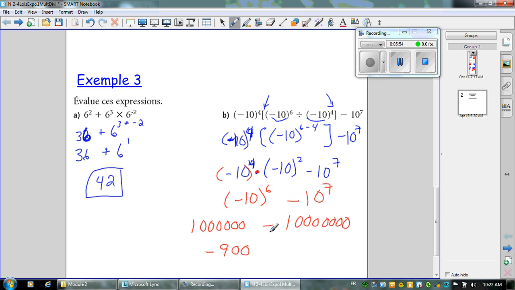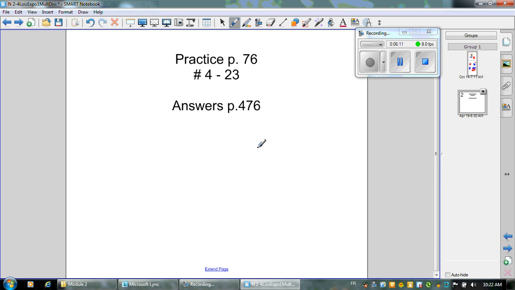So it's 1 million minus 10 million, which is going to be negative 9 million. That's my answer. Here's your practice. Make sure you check your work behind the book.